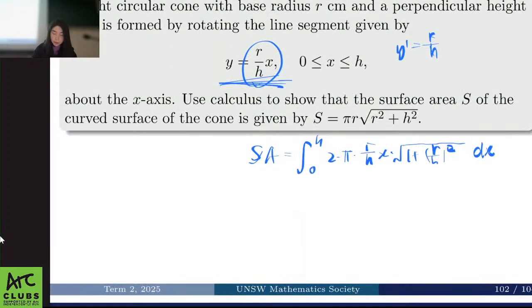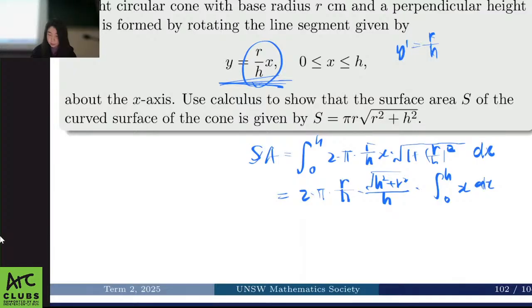Right, so we can first take all of the constants out. So it's going to be 2 times pi times r over h times, we can also take this entire square root out, and that simplifies to the square root of r squared plus h squared, over h, multiplied by the integral from 0 to h of x dx.